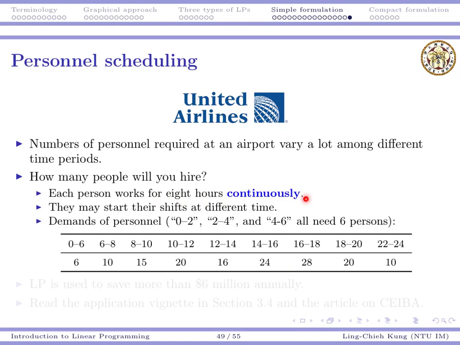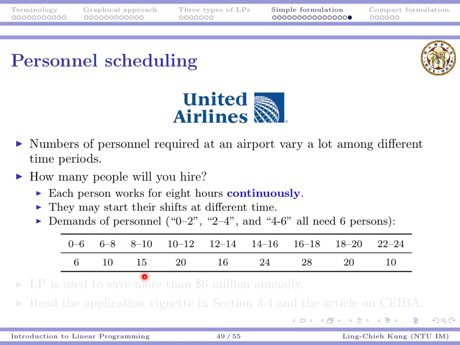So it's not very simple to think about how many people I need to fulfill these requirements. Okay, for example, I need 10 people from 6 to 8. I need 15 people from 8 to 10.